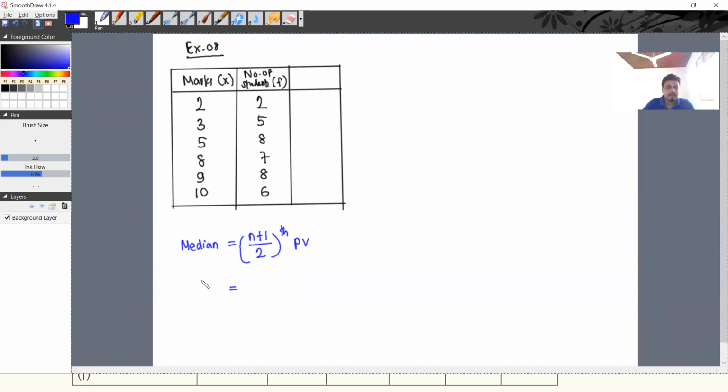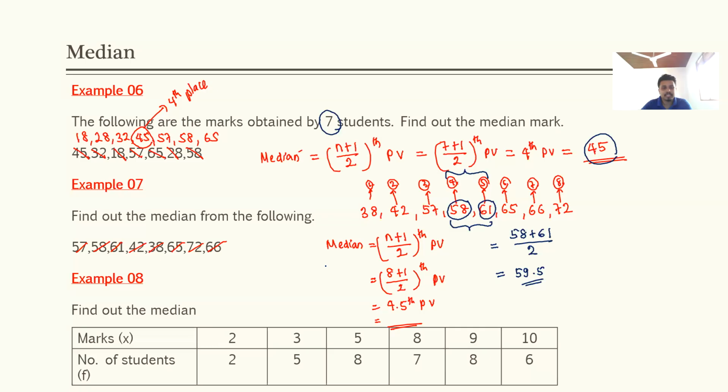Now here, tell me what is the value of n here? මේ ගානේ n වල value එක කීයද? n means what? n means the number of observations, right? From how many students do we have gathered the data here? Total number of observations කීයද?